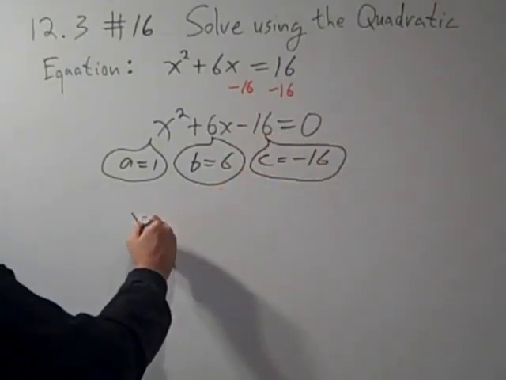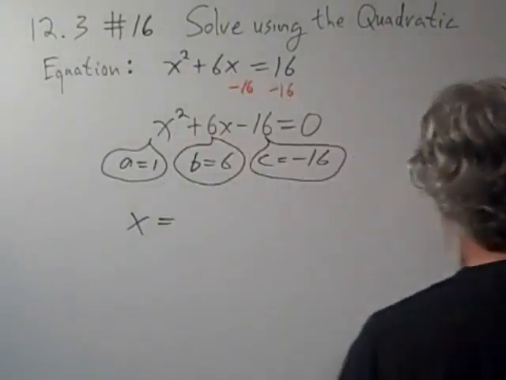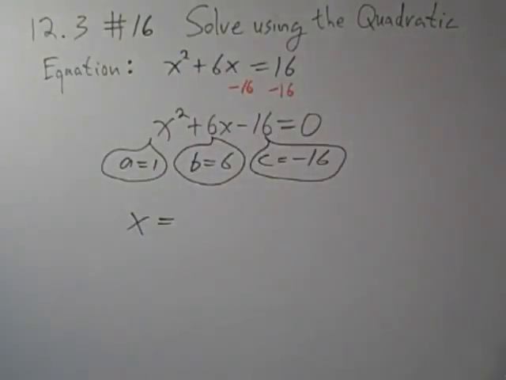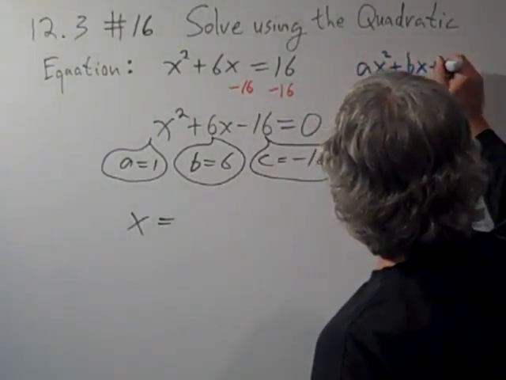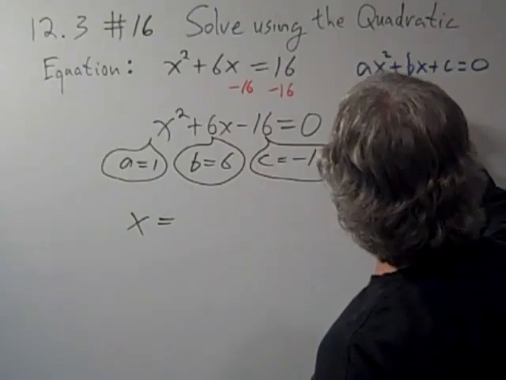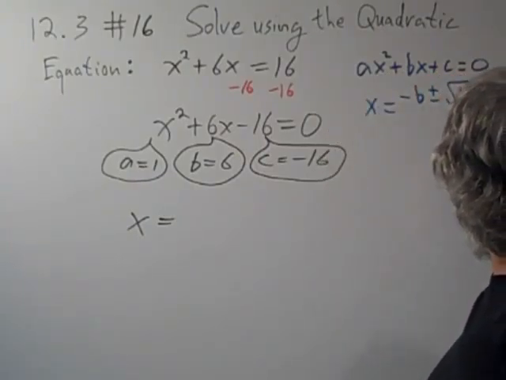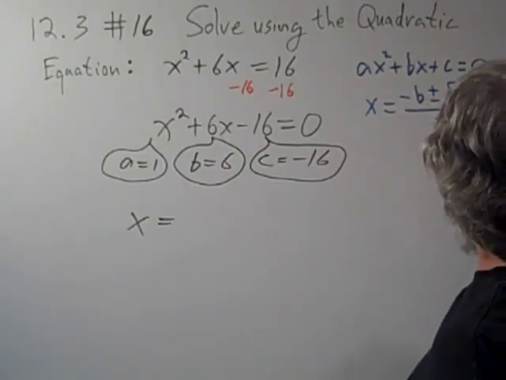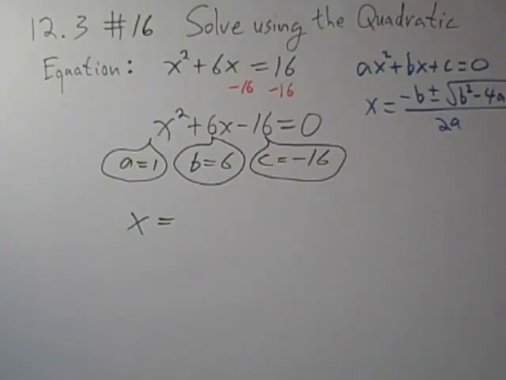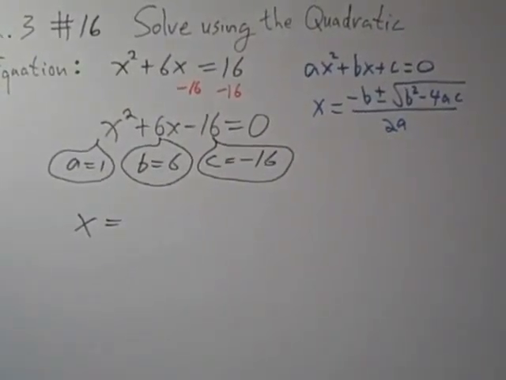So we have the solution x equals, remember, the solution to the quadratic equation ax squared plus bx plus c equals 0 is the quadratic formula. x equals negative b plus or minus the square root of b squared minus 4 times a times c, all divided by 2 times a. So now we're applying that with the a, b, and c that we found for this quadratic equation.